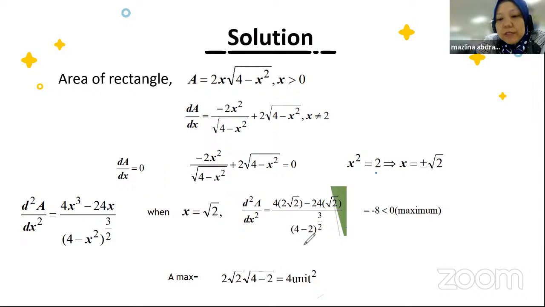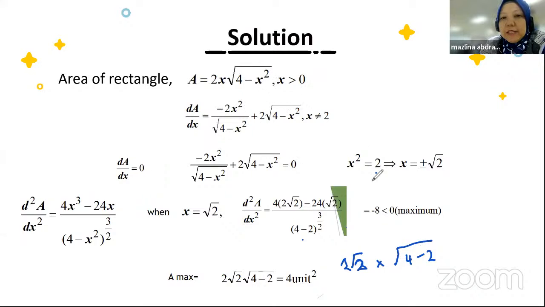Twice of square root of 2, x kan. Okay. Twice of square root of 2 multiply by the y, square root of 4 minus 2, 4 minus 2 sebab dia x kan. 4 minus x square.